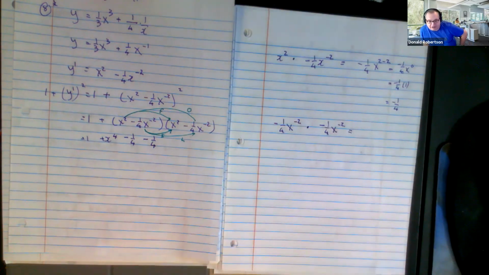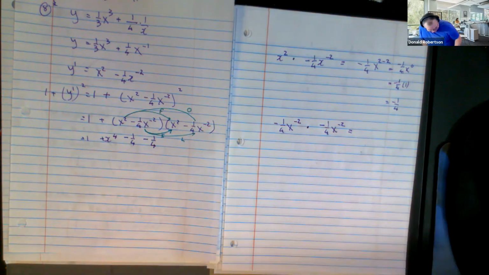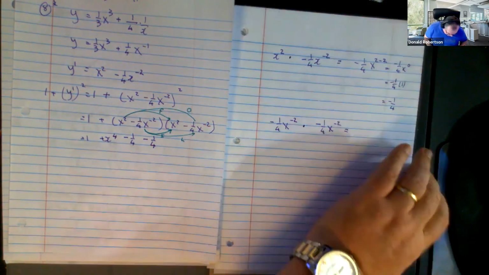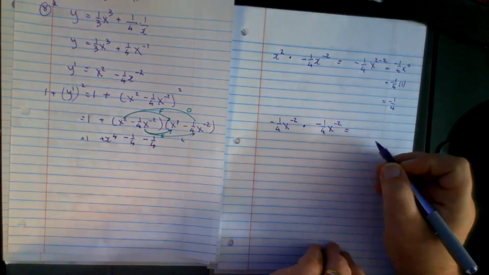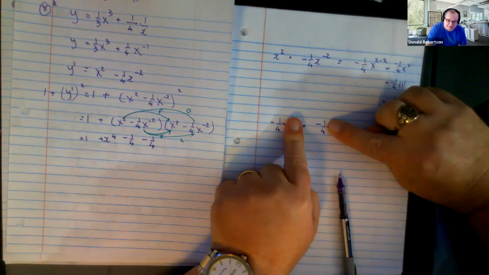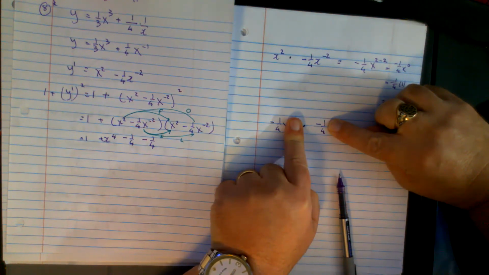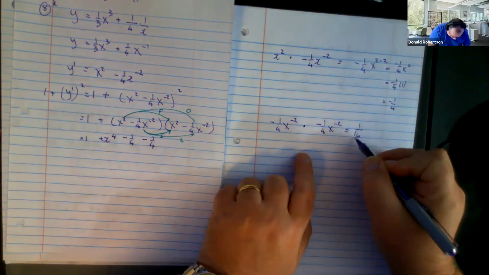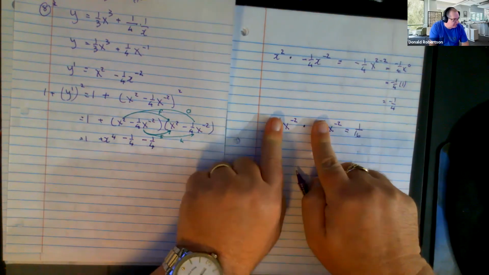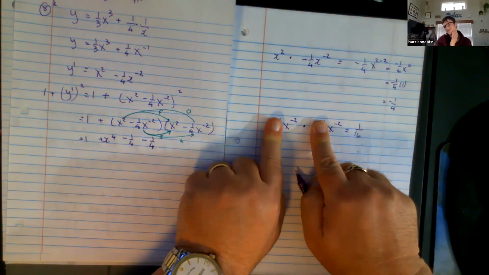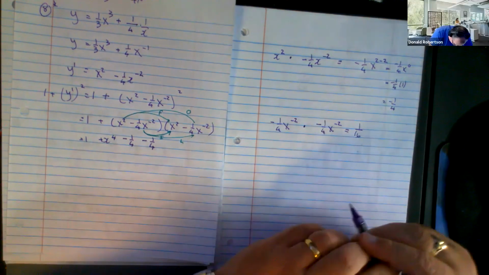What will that eventually get you when you're finished? Okay, break into stages. What will -1/4 times another -1/4 get me? 1/16, positive 1/16, correct. What will x to the -2 times another x to the -2 get me? x to the -4th power. That's the answer. You agree?